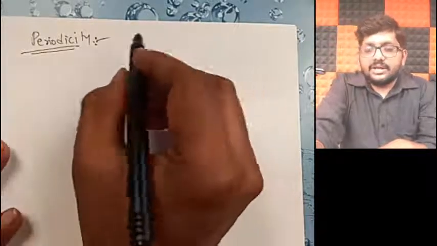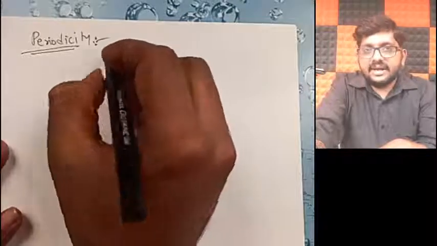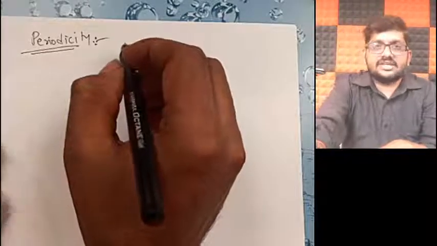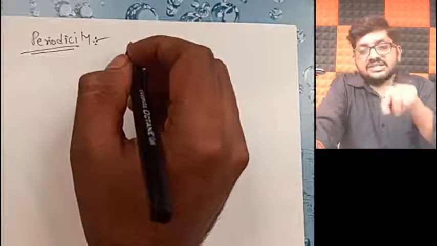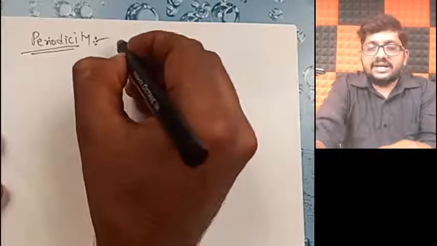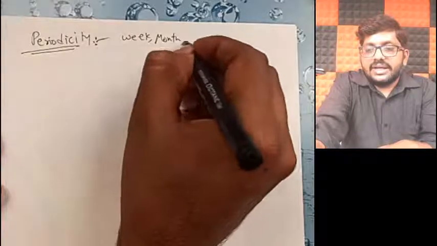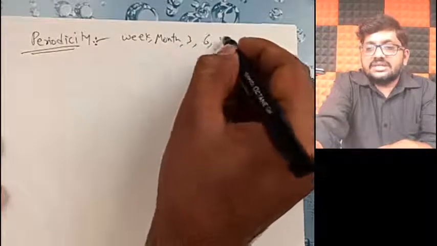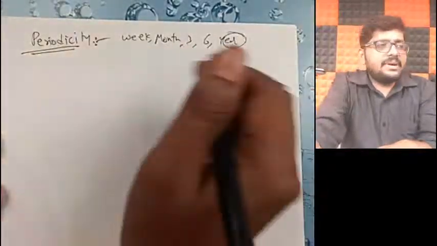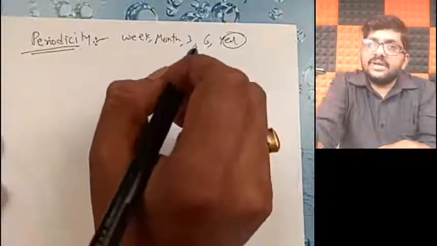Period means what? In our first beginning class we have discussed in detail what all these points are. A period can be a week, it can be a month, it can be 3 months, it can be 6 months, it can be a year also. It can be for any period, but you have to follow periodicity.